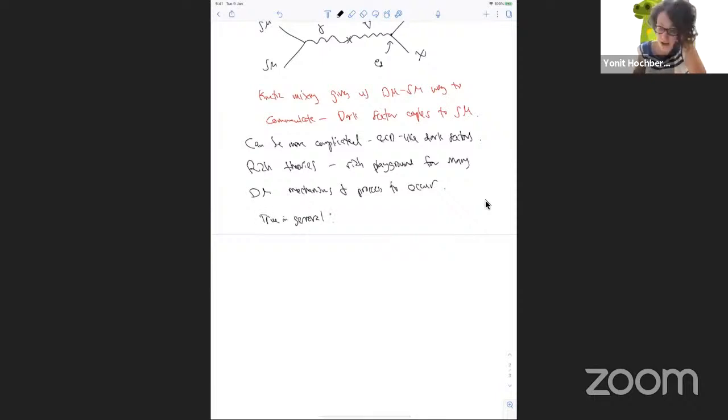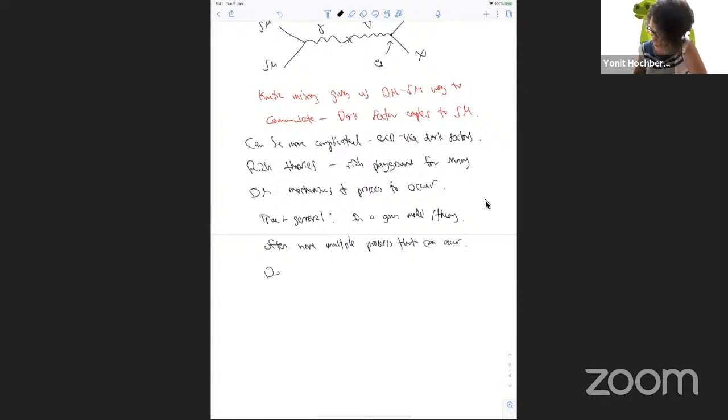Let's just write that out: in a given model or theory, we often have multiple processes that can occur.